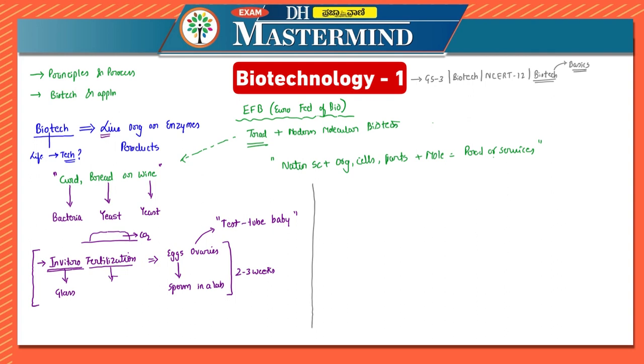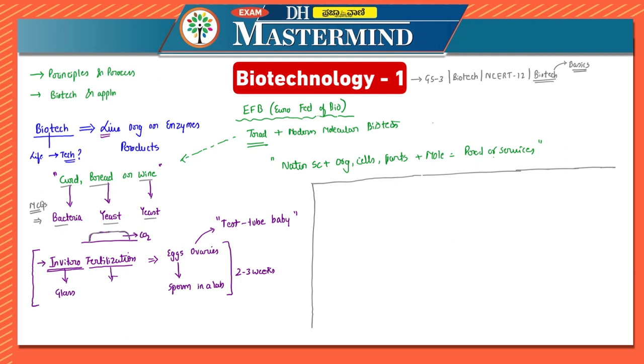So we saw what exactly biotechnology is, wherein live organisms or enzymes from live organisms are used in order to get products for humans. Then we saw the examples of curd, bread, wine. Here we saw bacteria, yeast, and we saw that the bread rises because of the presence of carbon dioxide. All these smaller details are important for multiple choice questions. Sometimes they help us eliminate some options as well.